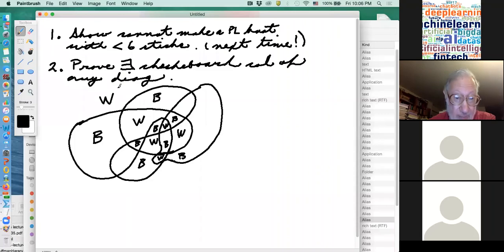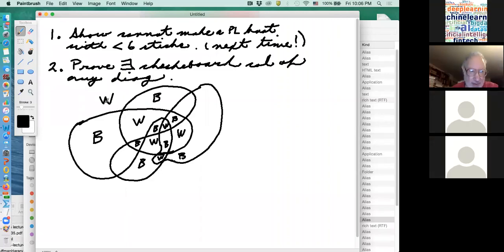One way would be the following, that you wish to assign a parity to each region. You want to call it either odd or even, white or black. And you could decide that the parity of the outer region is white, and that if you were to draw a line and cross the boundary, then you switch parity. So this will go to black. So then, that one was still white.